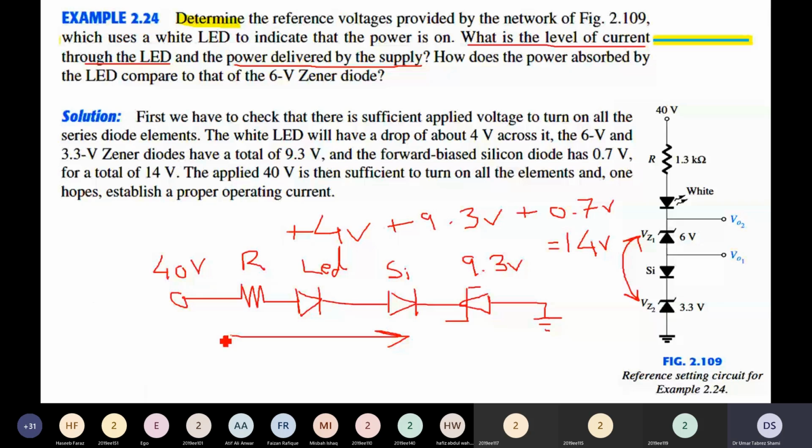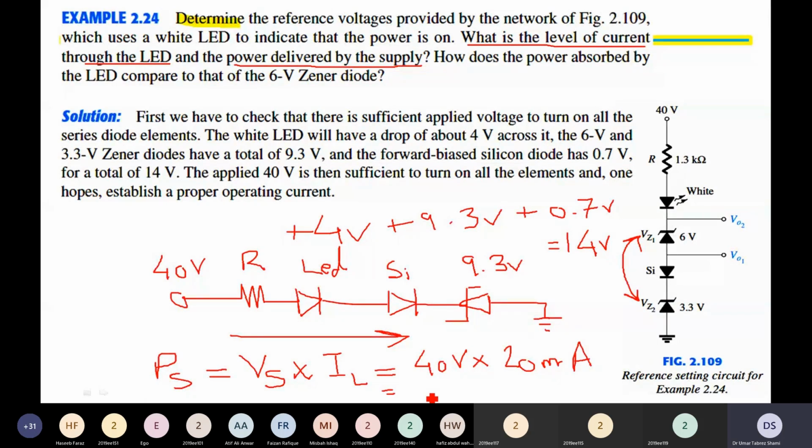This is equal to 40 volts multiplied by 20 milliampere, and this gives us an answer of 0.8 watts.